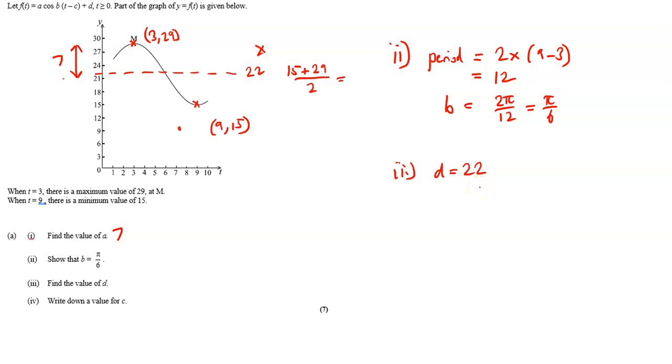And finally, write down a value for C. Well, cos usually does this. Now we know that it's been dilated, and so maybe it was dilated by pi on 6. So the period is now a little bit wider. So I might do this in another color.